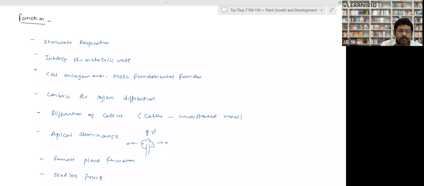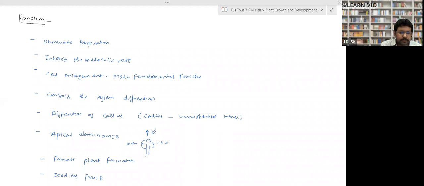Next point: auxin controls the xylem differentiation.